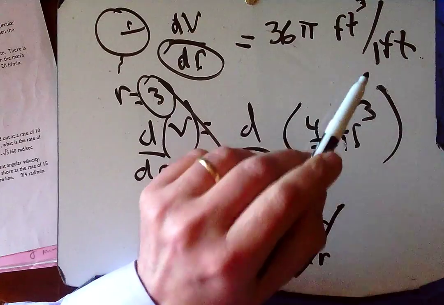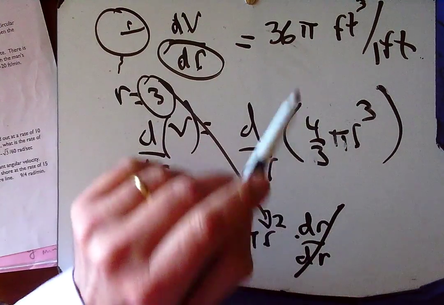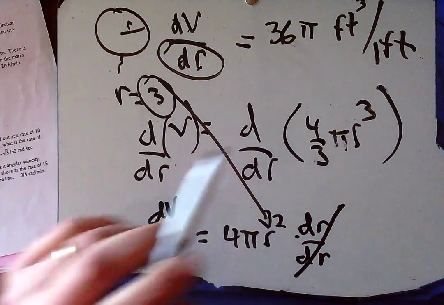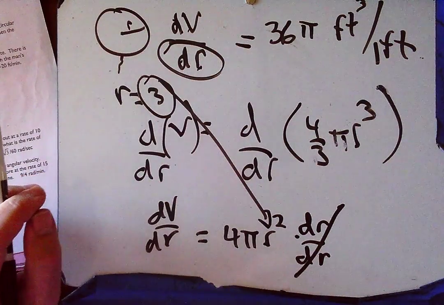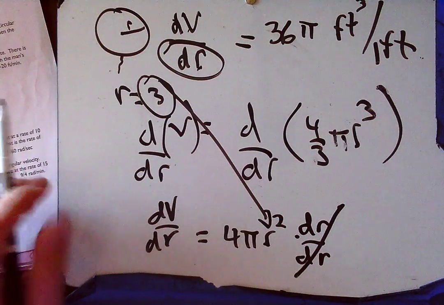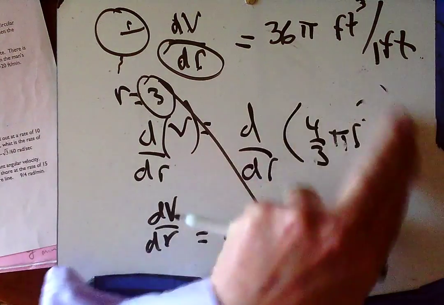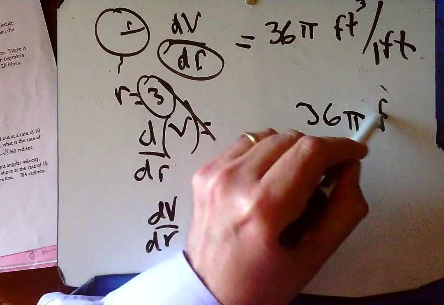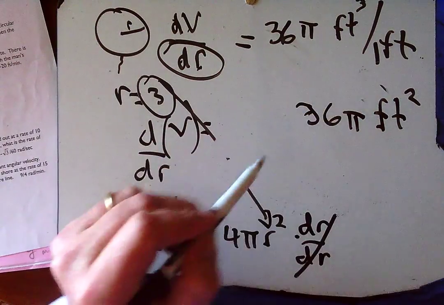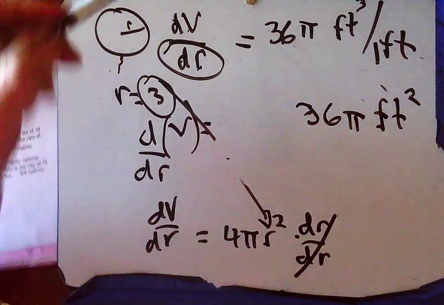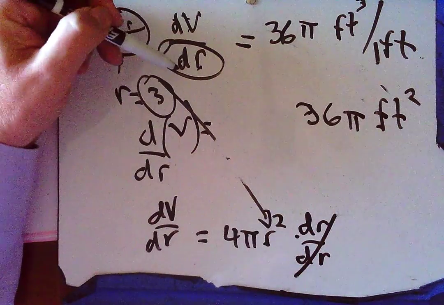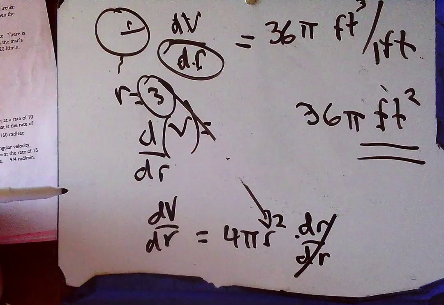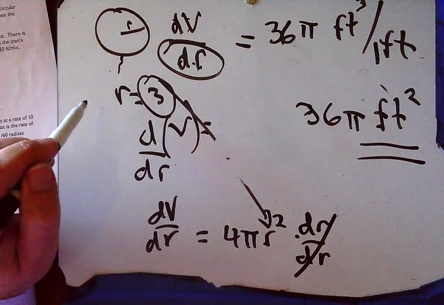And I guess that's one of the reasons why I don't like that simplifying that many of you like to do, where we talk about acceleration as meters per second squared, because that doesn't make sense. And here, tell me what this is. 36 pi square feet. What does that mean? How is this change in volume with respect to radius going to be an area? Yeah, that doesn't make any sense to me at all.